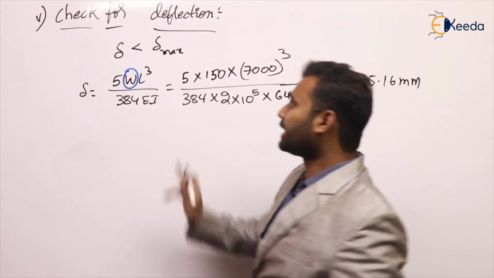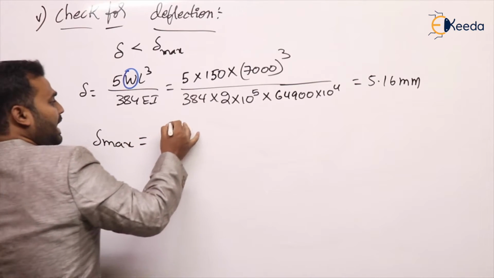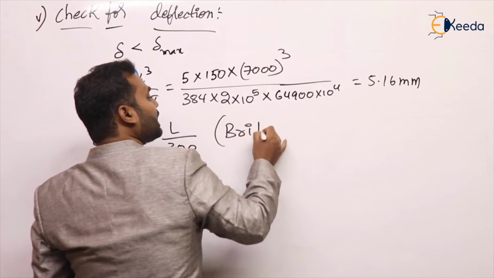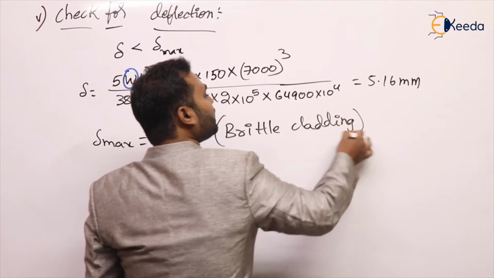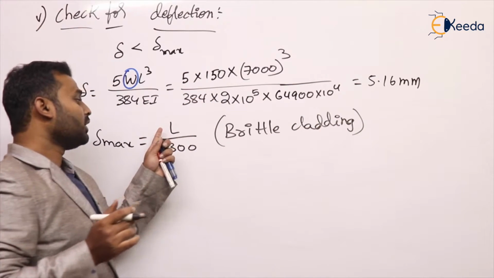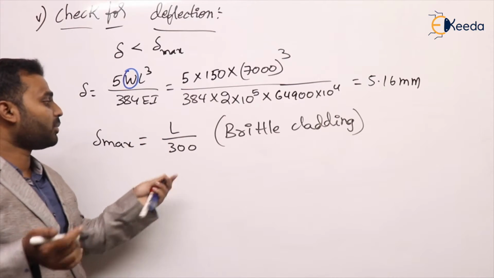Coming to the delta max mentioned in the code, it is span upon 300, as there was brittle cladding present for the given beam on top of the compression flange. Therefore, the maximum permissible deflection is span upon 300.